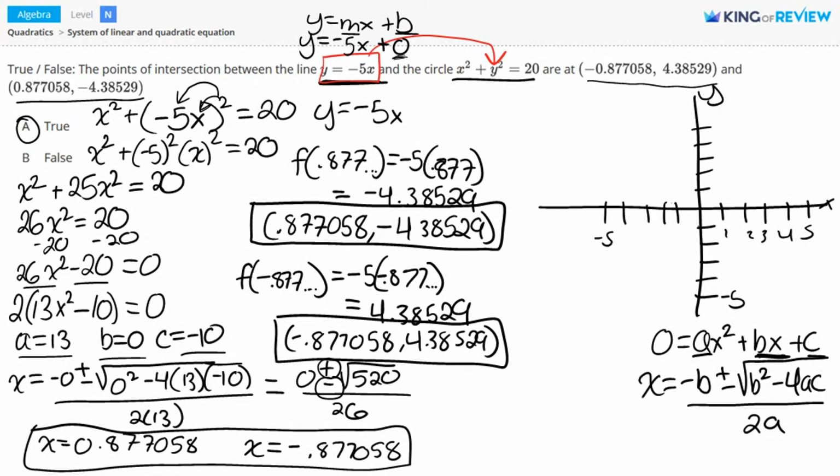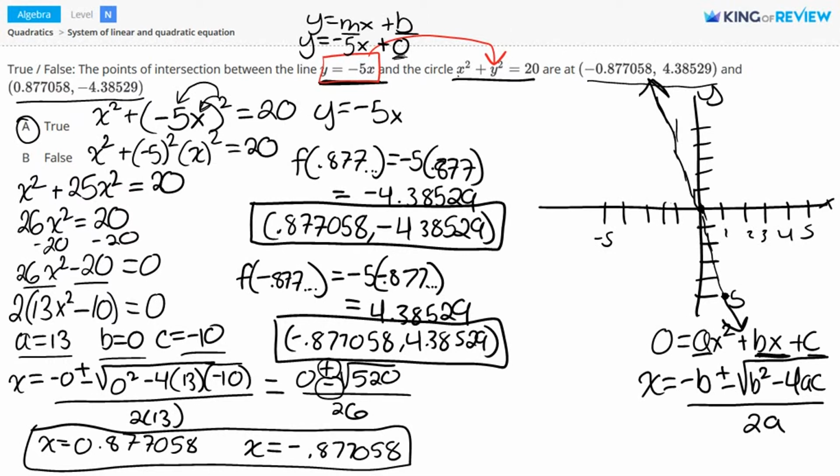If it crosses the y-axis at 0, we'd have a point right here at the origin. And the slope is negative 5, so that's down 5 over 1. So that would be right here. So we can draw in the line here. So this is what the line portion looks like.